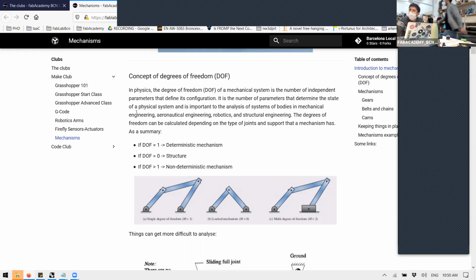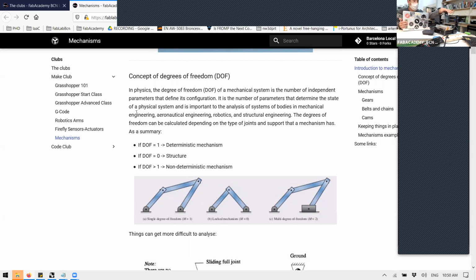First is a structure that holds everything together, and then some sort of mechanism. So in this one, we have a structure that puts everything together depending on the amount of axes, and then we have something that moves.